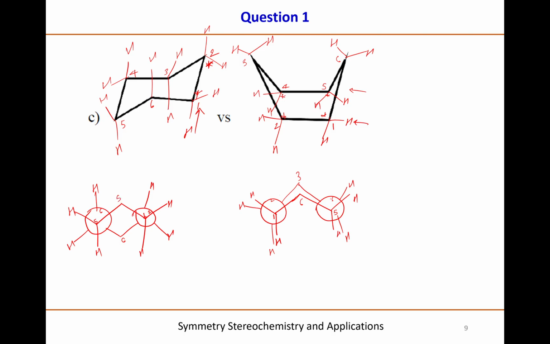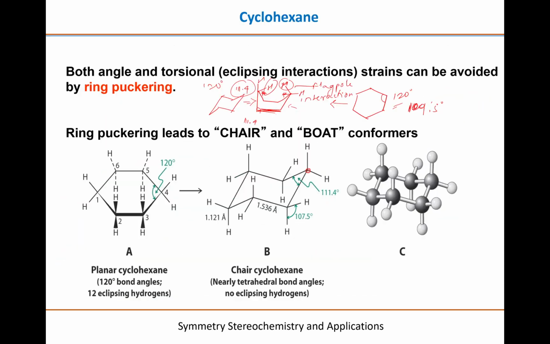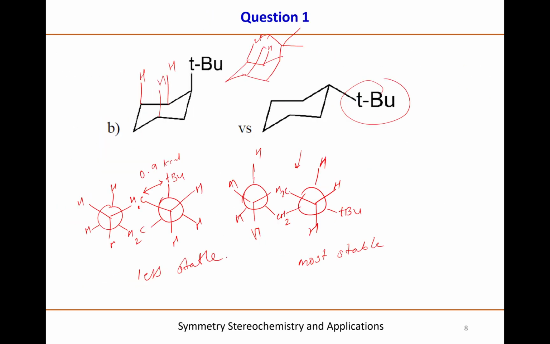All of you can see that in the eclipsed conformation they are anti-periplanar to each other, so that's why they are high in energy. So here we can say that this hindrance is called, as we discussed in the previous slide, which strain?